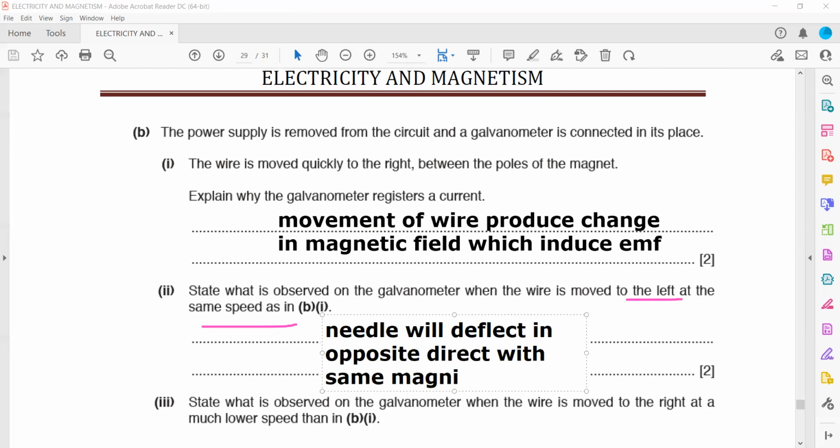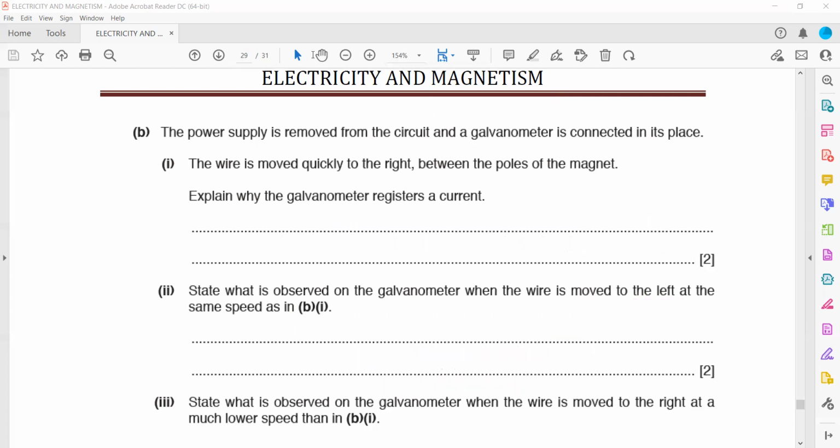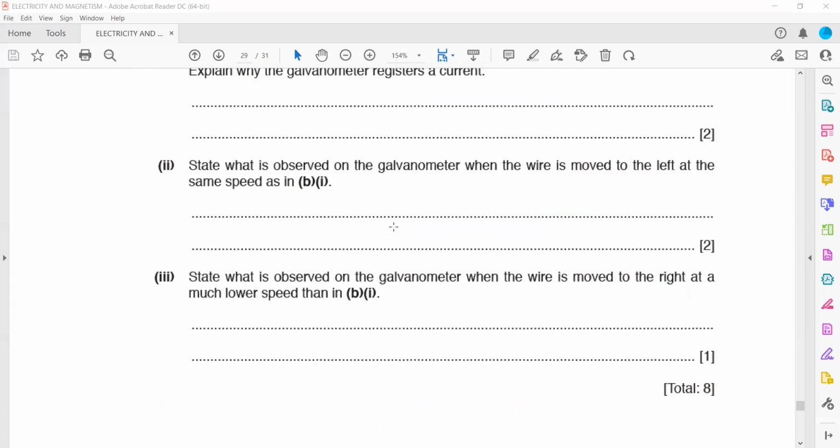The direction of deflection will be opposite, but the amount of deflection will be the same.